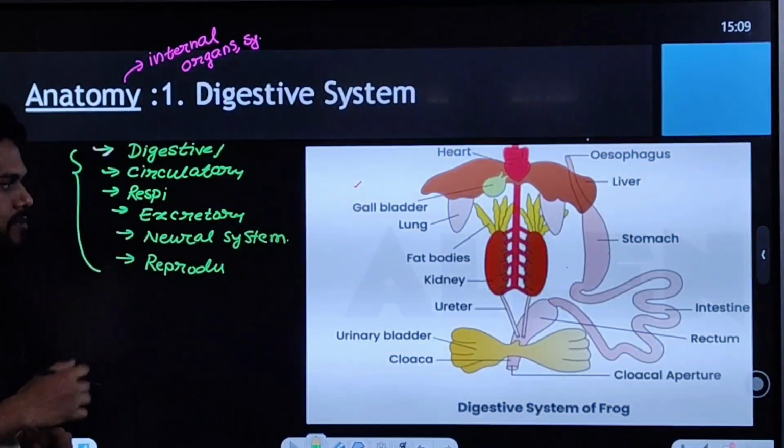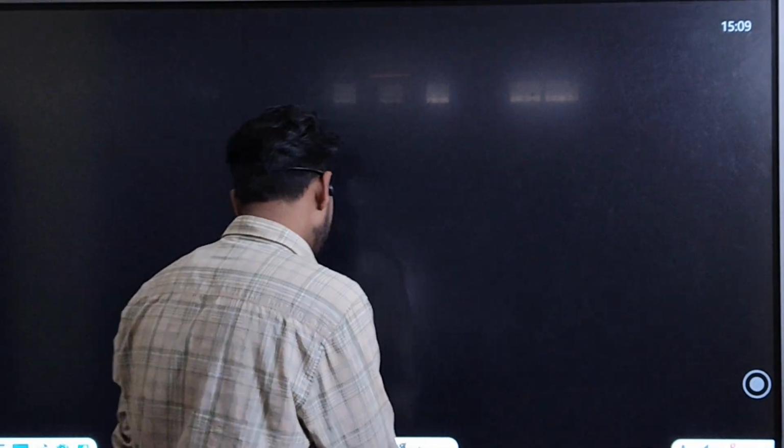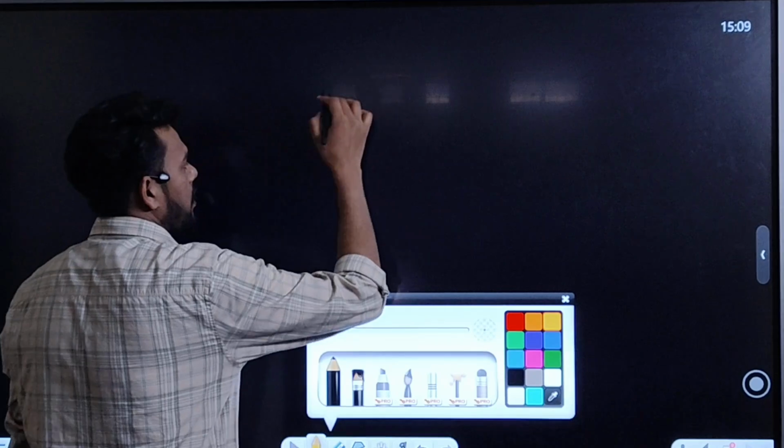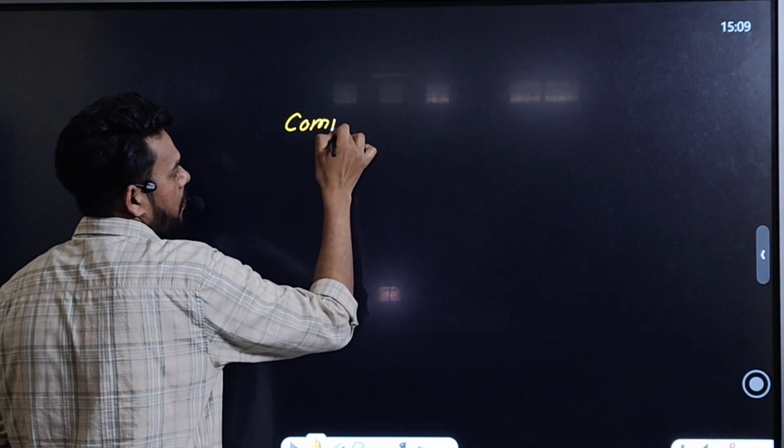Let's see the digestive system of frog. All chordates have a complete type of digestive system. There are two types of digestive systems. In chordates there is a complete digestive system.